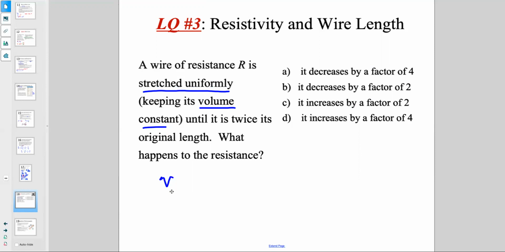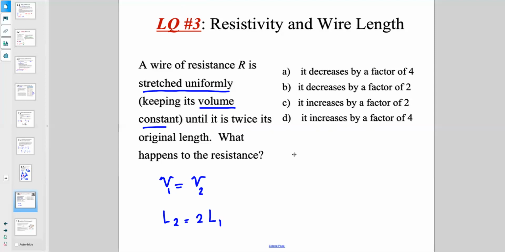So the volume of the wire in shape 1 should be equal to the volume of the wire in shape 2. So you stretch it uniformly until it is twice its original length. So in other words, L2 is 2 L1, because it's twice its original length. What happens to the resistance?